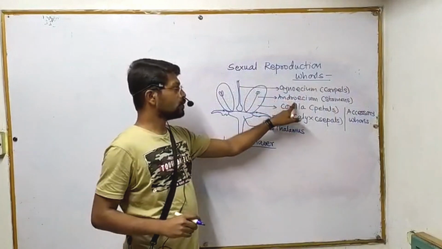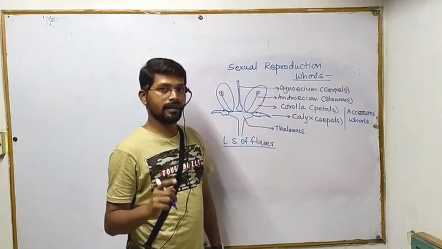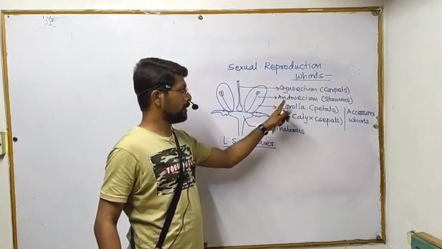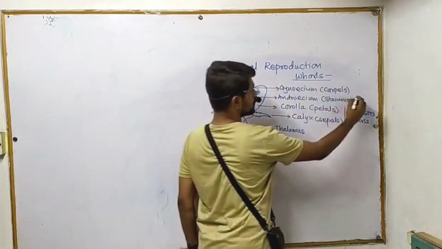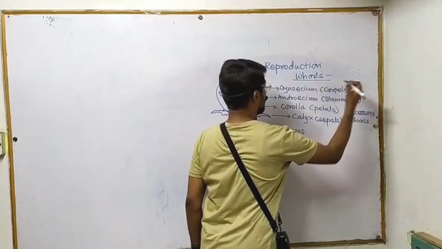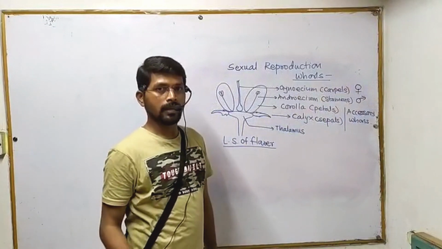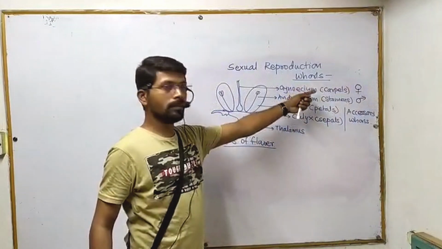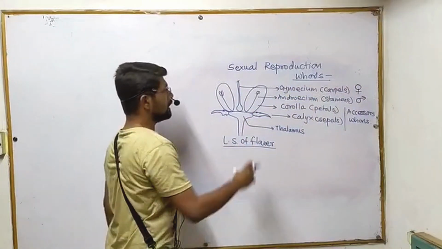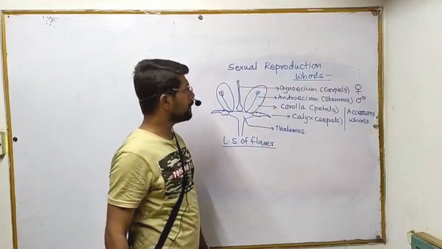While androecium and gynoecium, these 2 whorls, are directly involved in the process of sexual reproduction, in which androecium is the male reproductive part and gynoecium is the female reproductive part. And these are the gonads of the flower. They produce the male and female gamete respectively, and thus these 2 whorls are directly involved in the process of sexual reproduction.